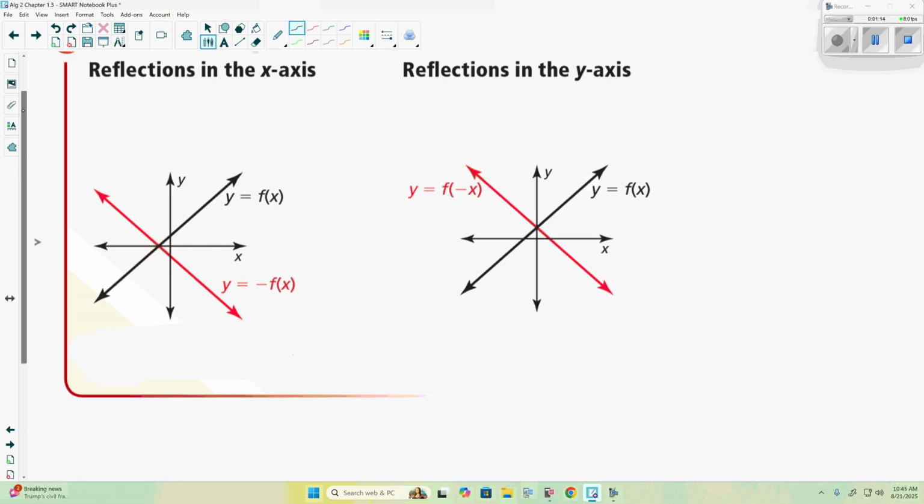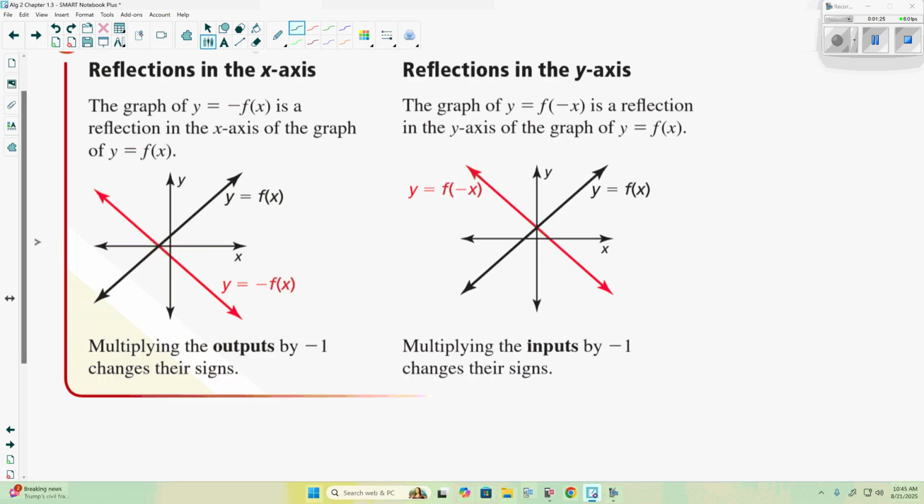What we're starting off today with is reflection. Now there's two ways we can reflect it. We can reflect it across the x-axis or the y-axis. Now when we reflect a function across the x-axis, the general form of this is negative f of x.